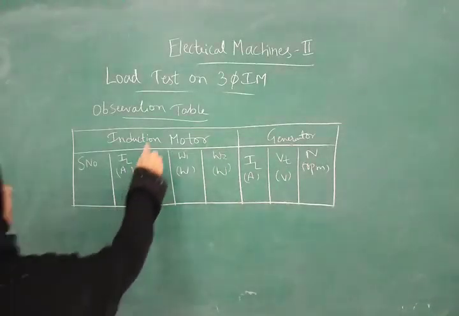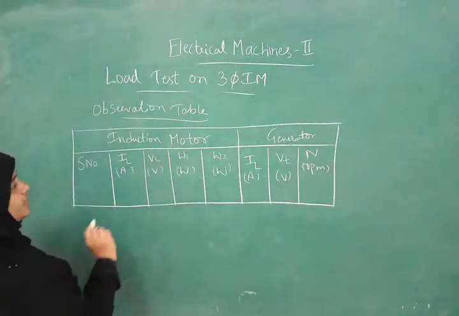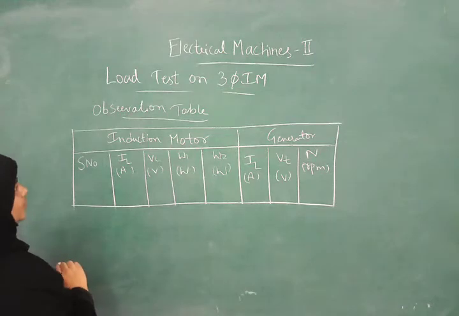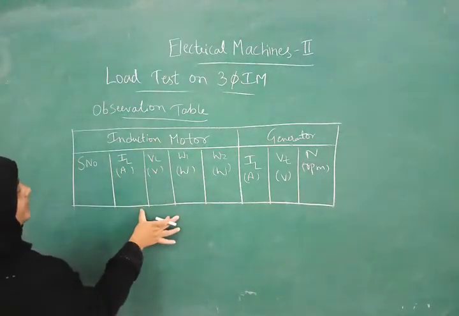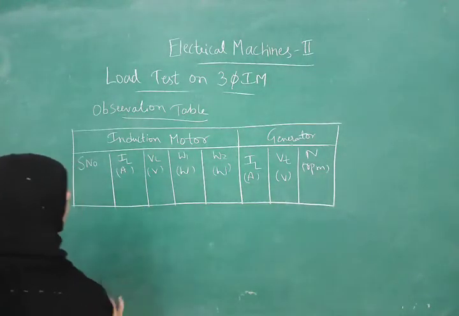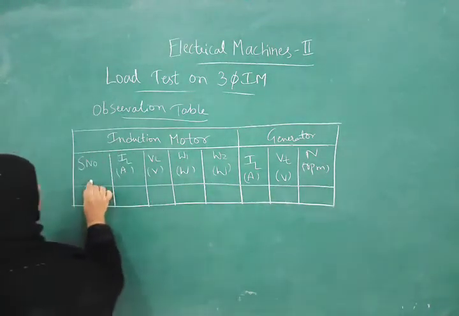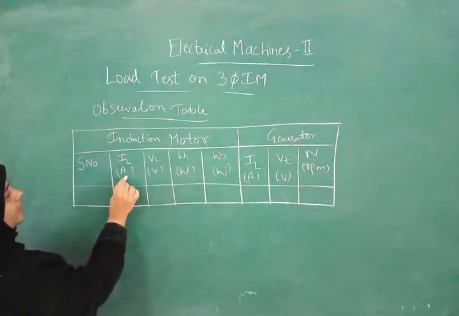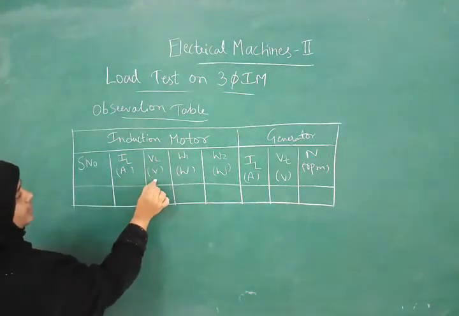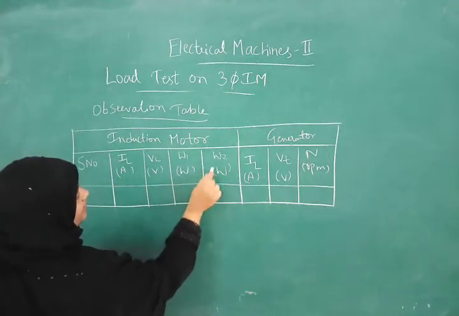This is the observation table which we are drawing from the load test by performing the load test on a 3-phase induction motor. On the induction motor side and on the generator side we are writing the values. Serial number, then line current in amperes, line voltage in volts, W1 in watts, W2 in watts.